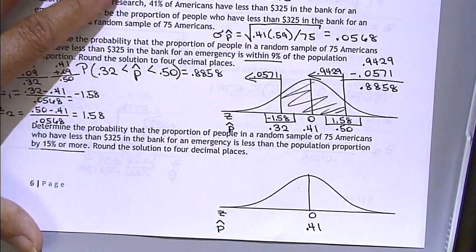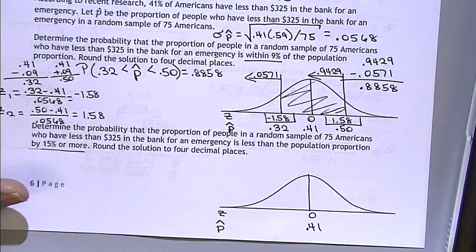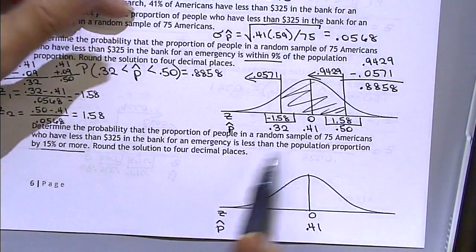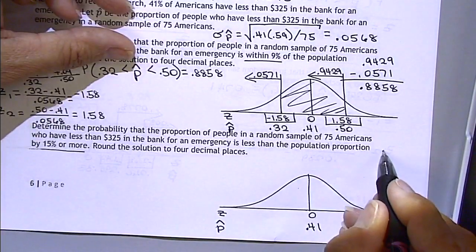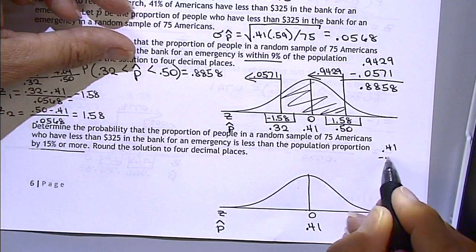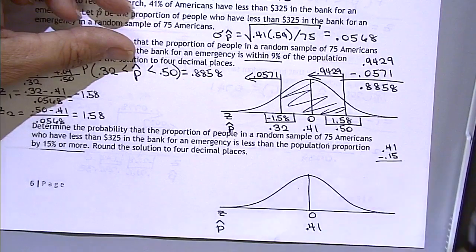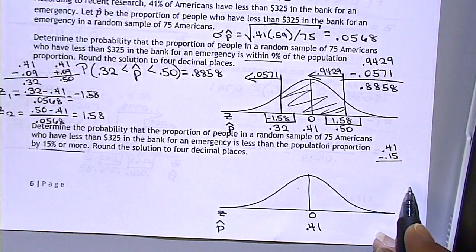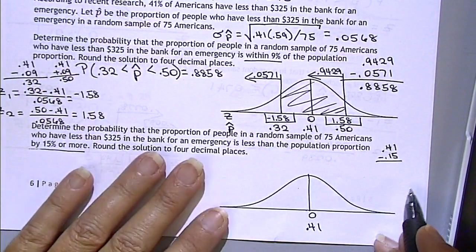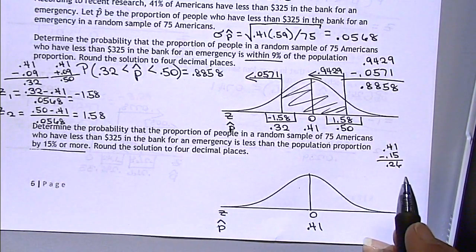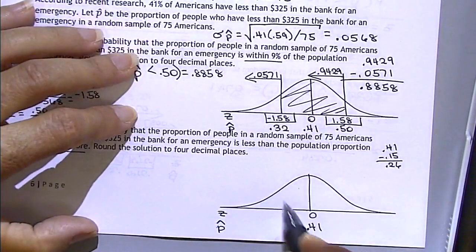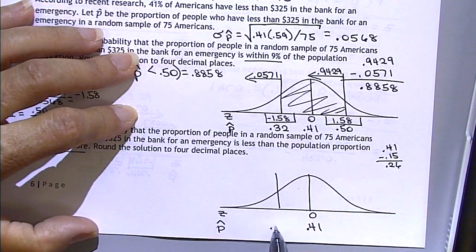That's just my population data there. And they're saying, is less than this number by 15% or more. Well, 0.41 minus 15%, 0.15, right? I'm going to have 0.26.